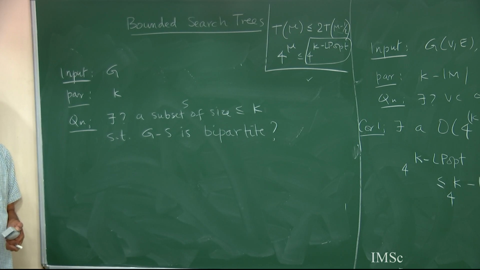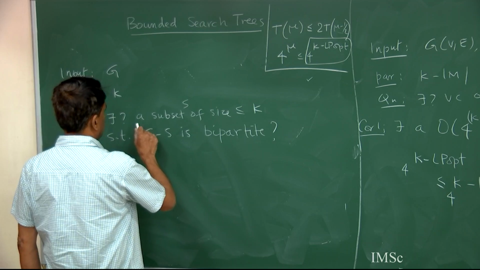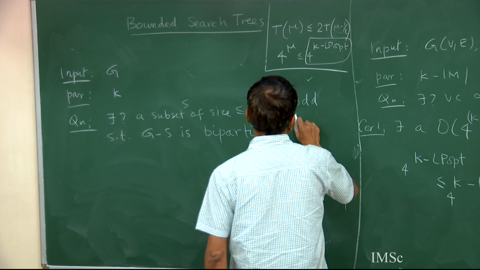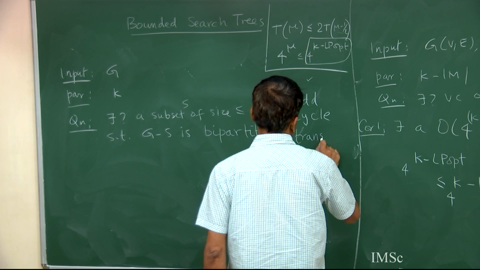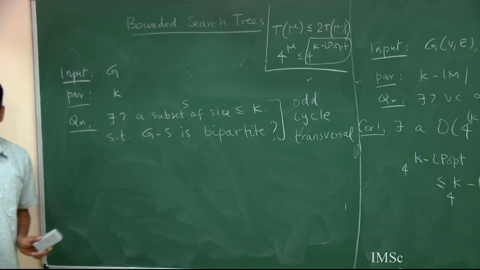Vertex cover is asking for a subset whose removal makes it edgeless. Feedback vertex set is asking for a subset whose removal makes it a forest. This is asking for a subset whose removal makes it a bipartite graph. This is called odd cycle transversal. So S covers every odd cycle.